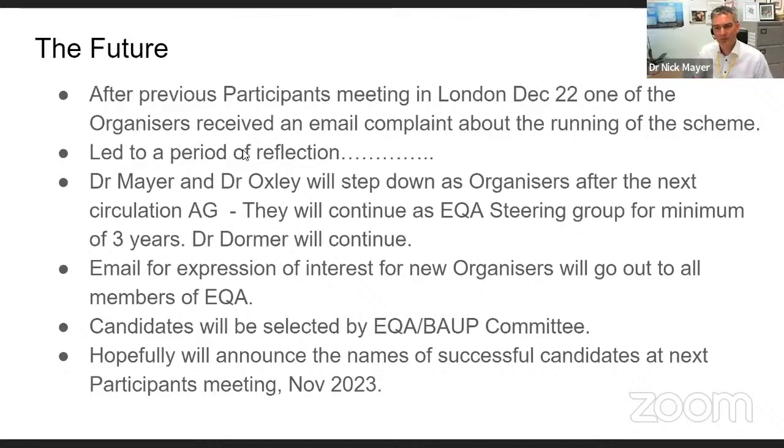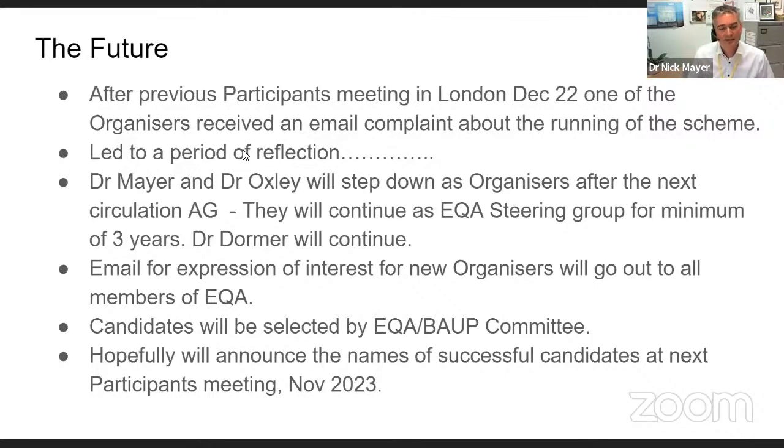But we're not going to run off completely, because we're also proposing to set up an EQA steering group or committee that we would sit on for at least 3 years. We would be there to help and troubleshoot for people that come in. And so we're going to be looking for expressions of interest for a couple of new organisers.